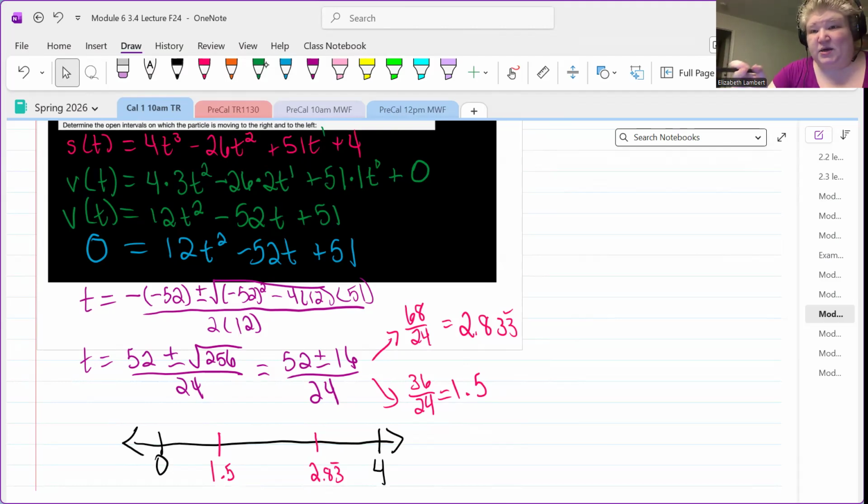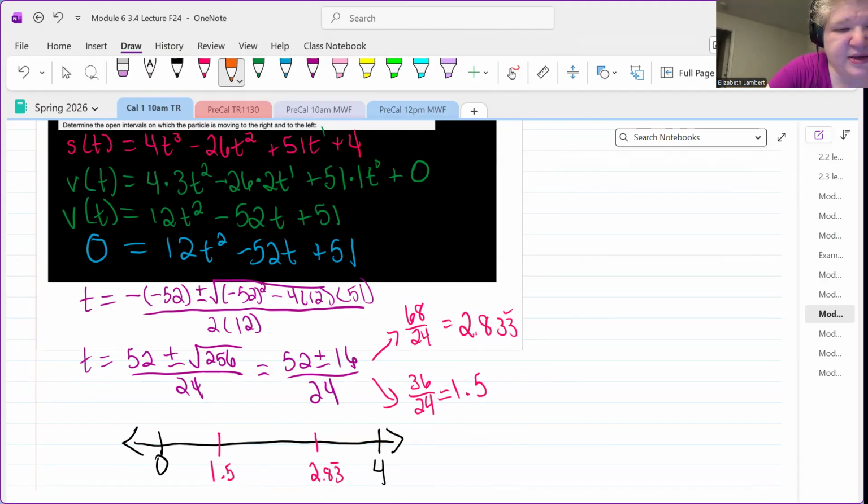So it goes right, then it turns around and goes left for a while, then it turns around and goes right for a while. But since we're not seeing how the function moves, how it's supposed to work here may not be that obvious to you. So the other thing we can do is we're going to plug in test values into our function here.